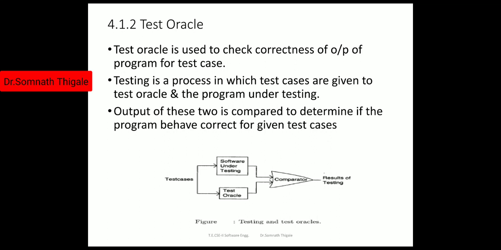So let me clear the first thing. A test case is nothing but simply one document which helps the testers to perform the testing related activities. So a test case is one document which completely talks about what to do, how to do, when to do, to complete the entire testing life cycle. It is called test cases.